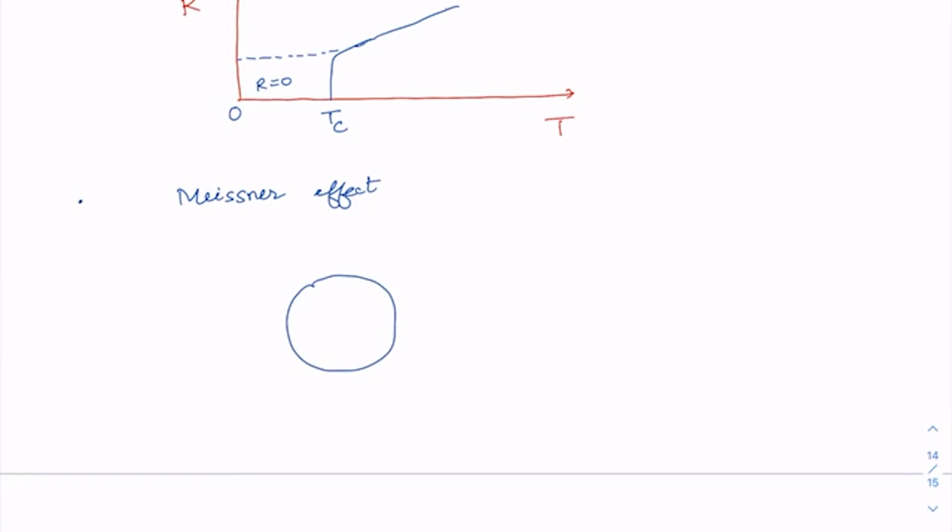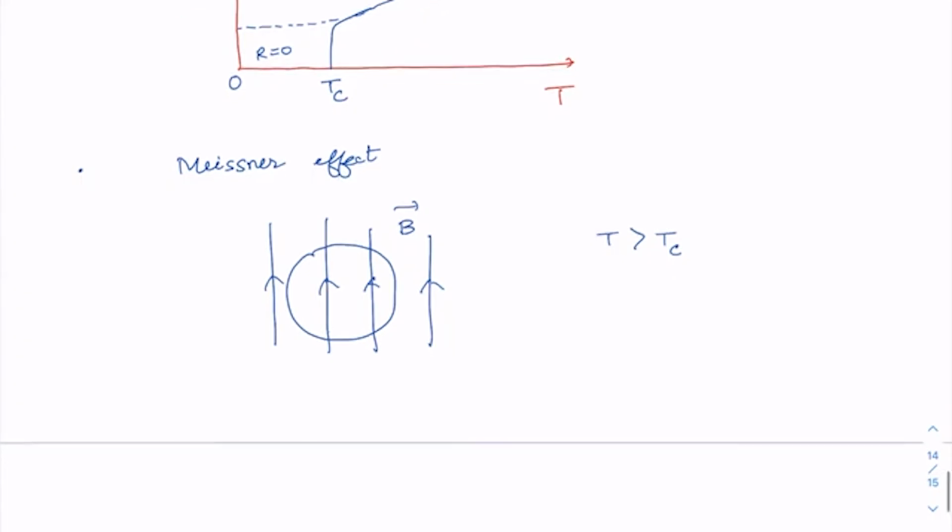If it is a normal metal, that means your temperature is greater than the critical temperature or the transition temperature, then the magnetic lines of force are going to penetrate the metal, above Tc, the transition temperature.